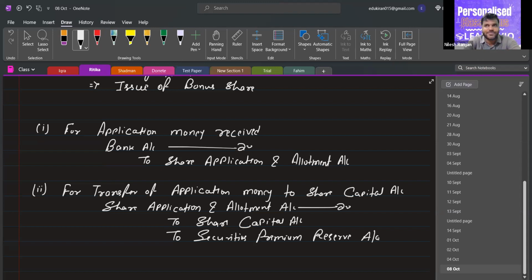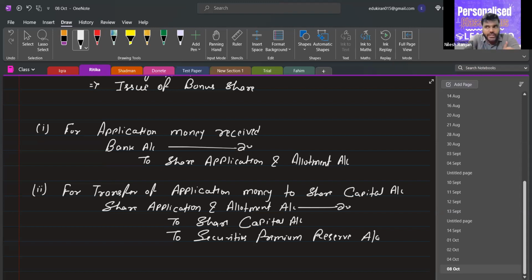In the share allotment, the total money called will be written, in the bank account the money received will be written, and in calls in arrear the money not received will be written. You understand this part very well, like the journal entry in the installment method.